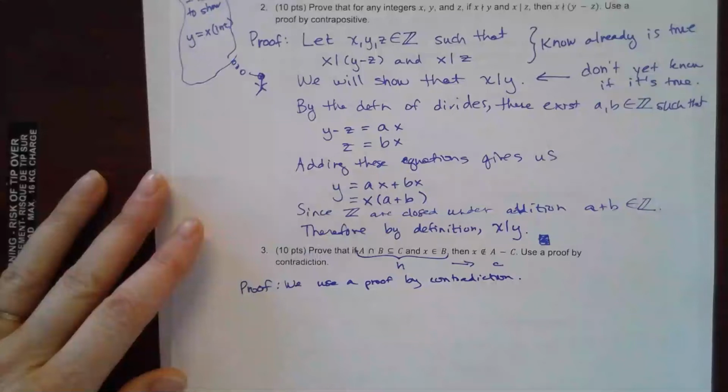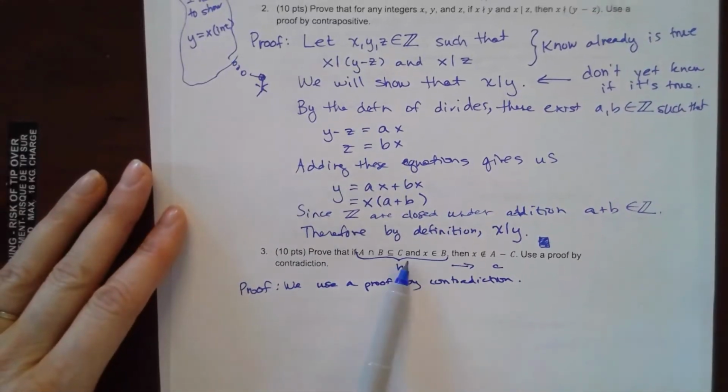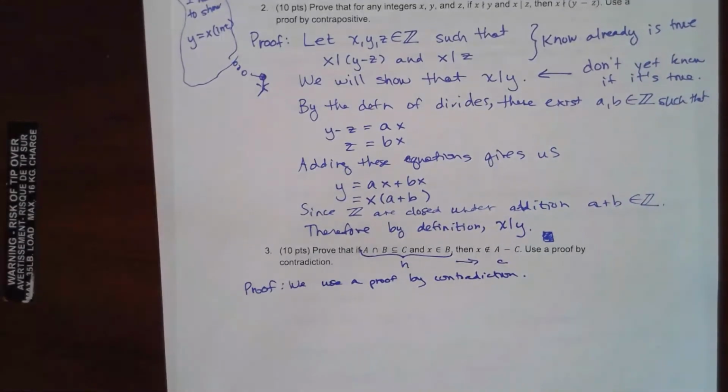In our proof by contradiction, we're going to start by saying that the hypothesis is true. We always start there. The hypothesis is definitely true.